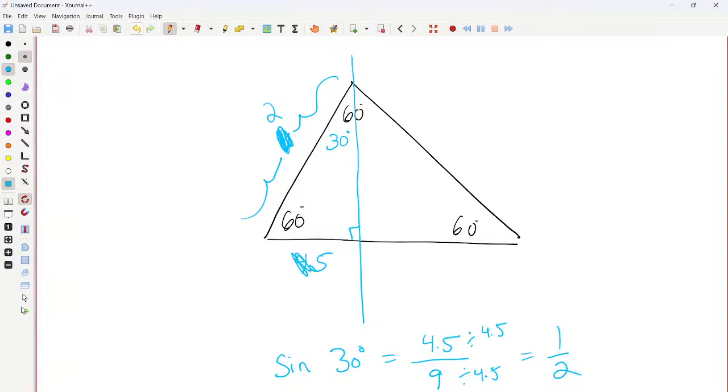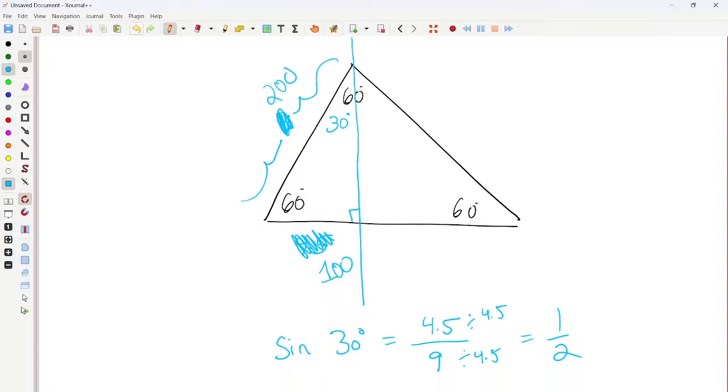And if that was 2, what would this side have been? 1. And then you say the sine of 30 is 1/2. Or you could have said 200, and this would have been 100, which still would have made a sine ratio of 1/2. That's friggin' neat. The sine of 30 degrees is 1/2. Very human. No calculator needed.